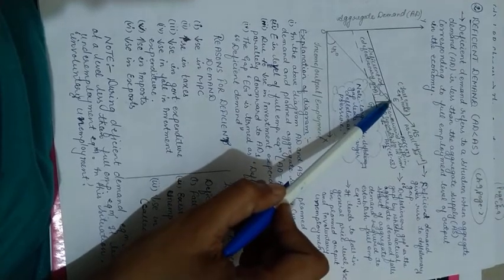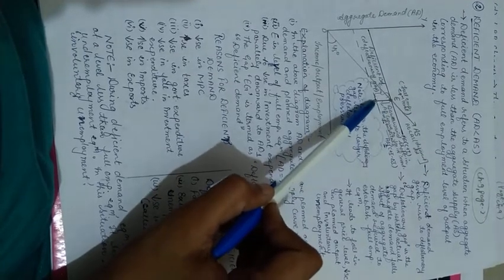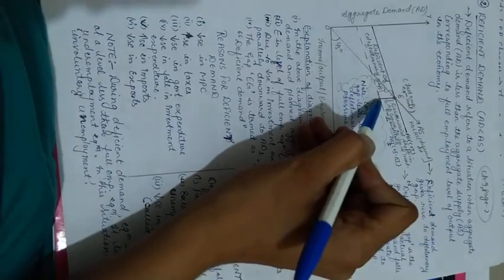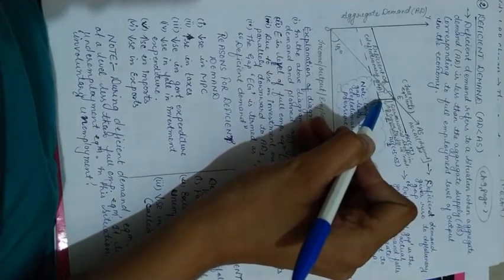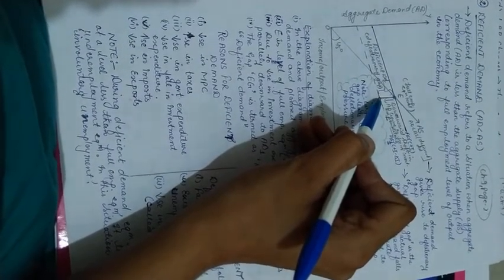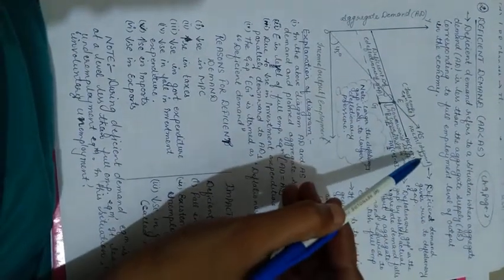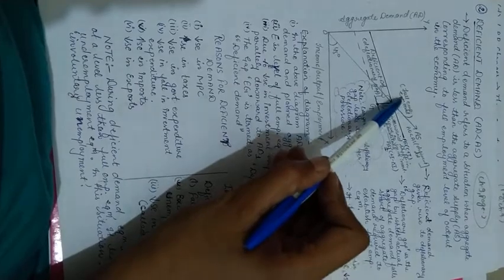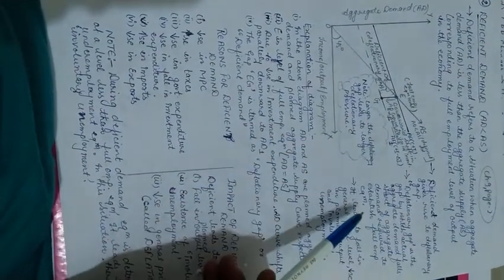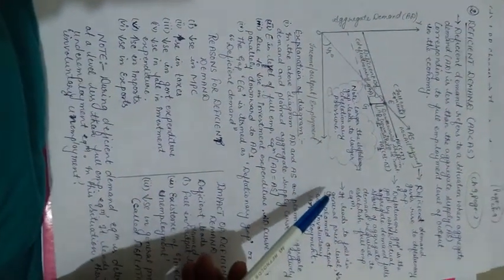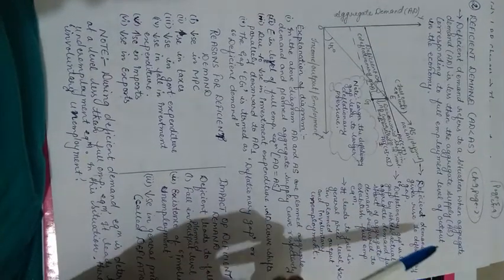At this point G, you can see that your aggregate demand is less than your aggregate supply. Now just see some definitions.